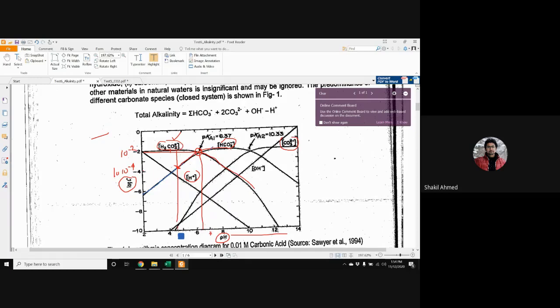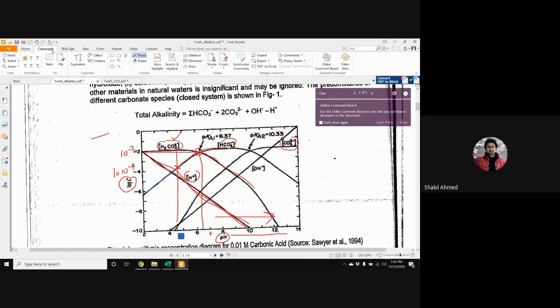And you can see that as pH decreases, hydrogen ion concentration increases. As you know, at lower pH, that means acidic, hydrogen ion will be higher. As pH increases, hydroxyl ion will increase.